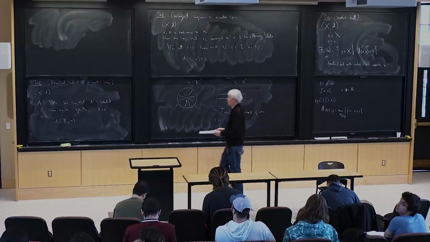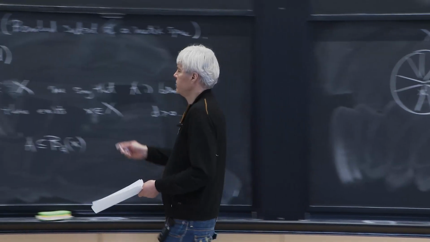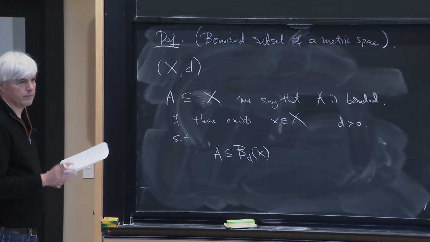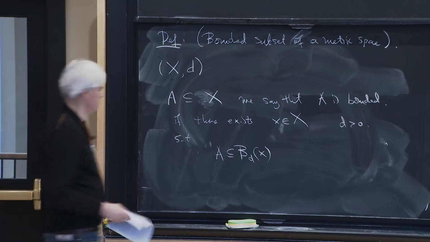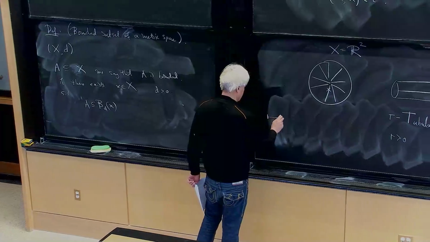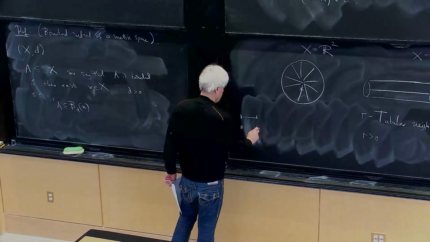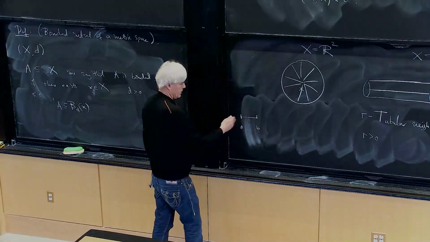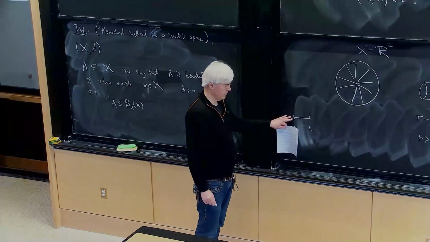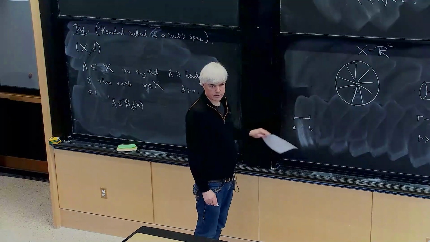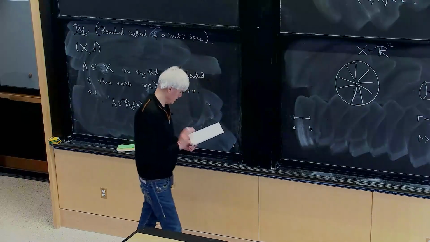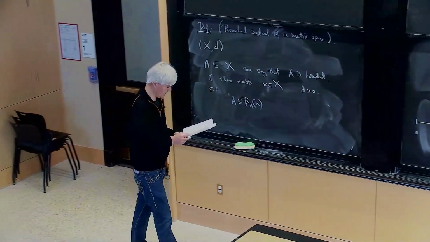And it's possible that the whole metric space is bounded. If it was just an interval, suppose you have some interval from a to b, then if you think about the usual distance on that interval, that's a bounded set. The whole set X is bounded, so in particular, any subset would also be bounded.